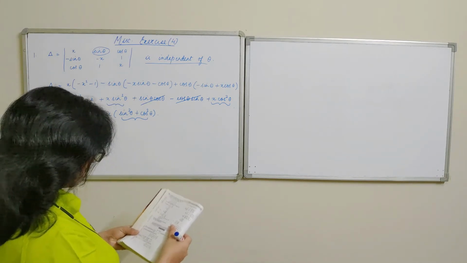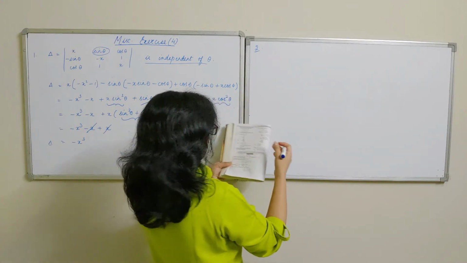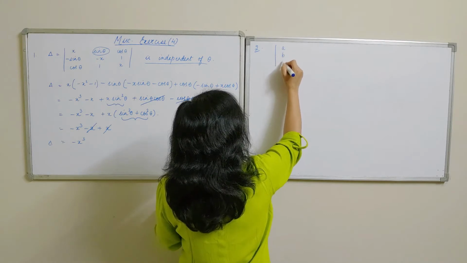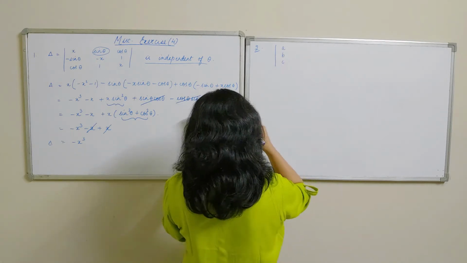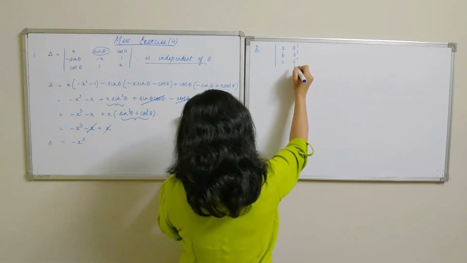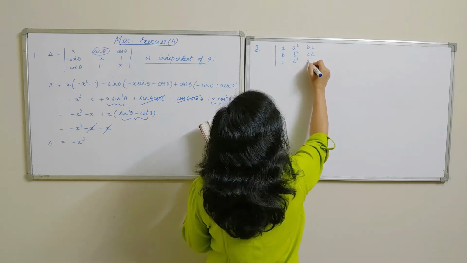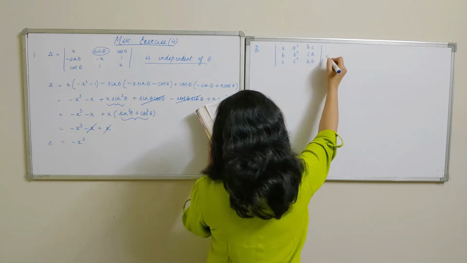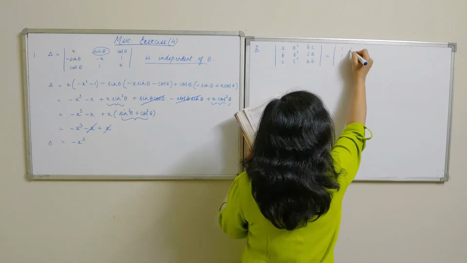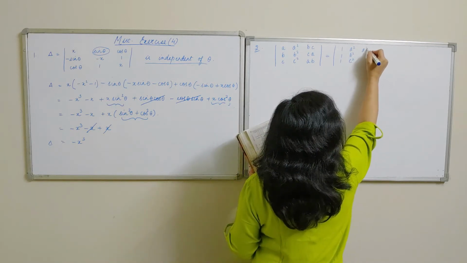Okay, now next question number 2. Without expanding the determinant, prove that this determinant is equal to the determinant on the right hand side.